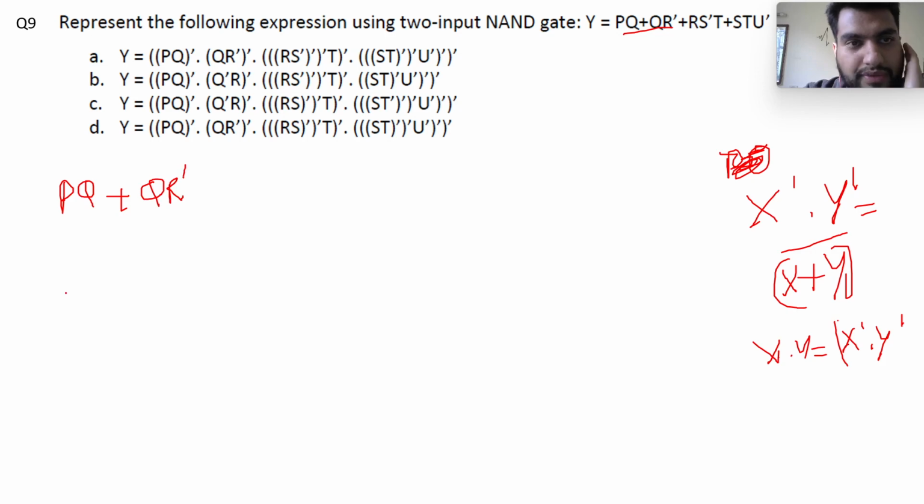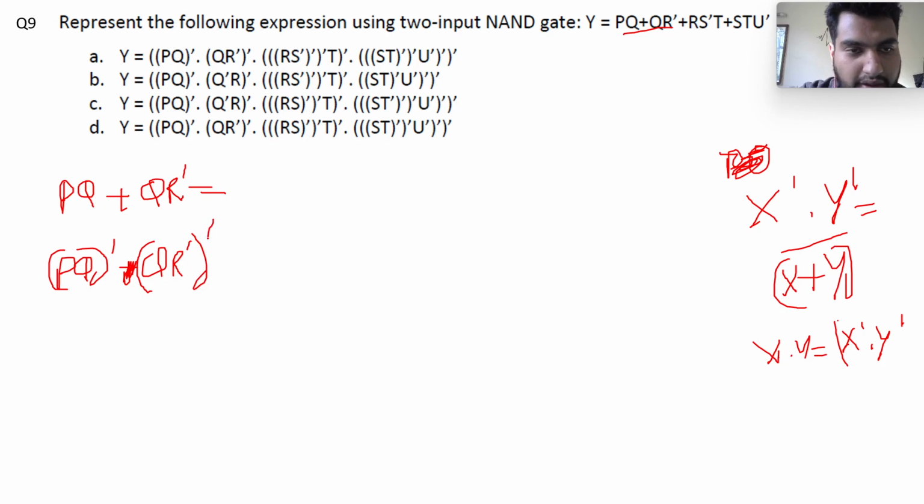So I'll take a NAND operation first of PQ complement. So this will be like this, PQ complement, and I'll take a NAND of this QR complement. This is dot here, sorry. I mean to say this is equal to this because we have only NAND available. So this is QR complement, whole complement.